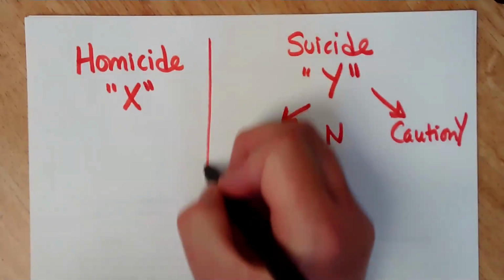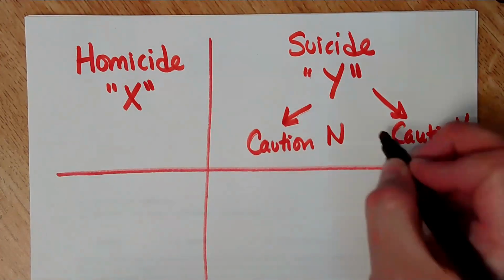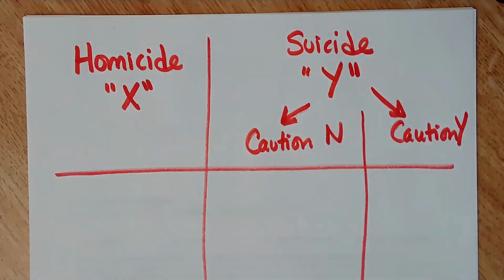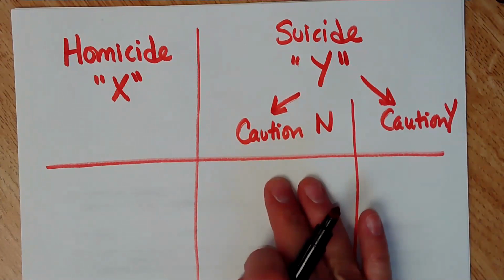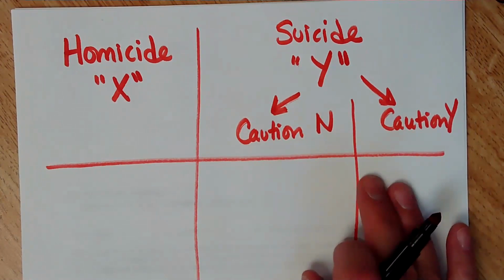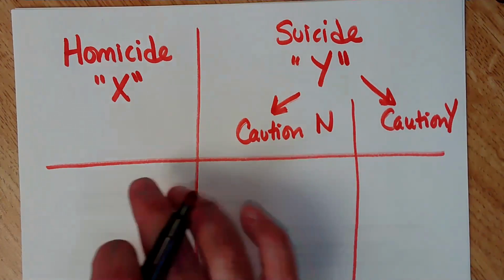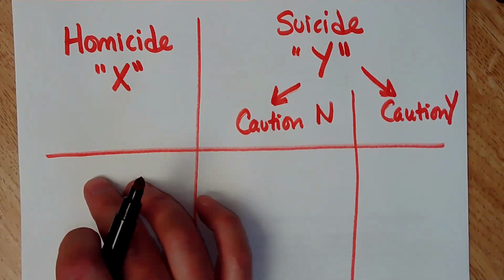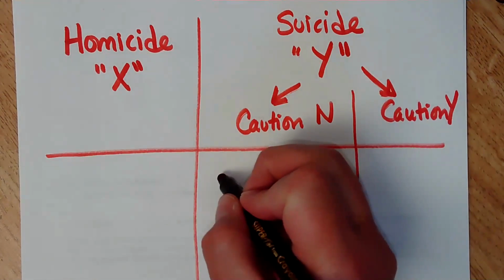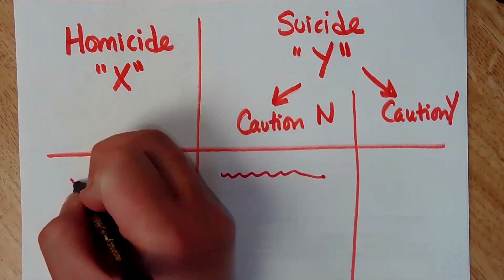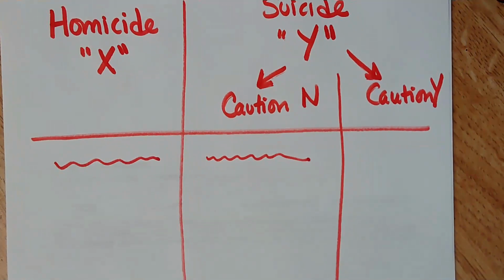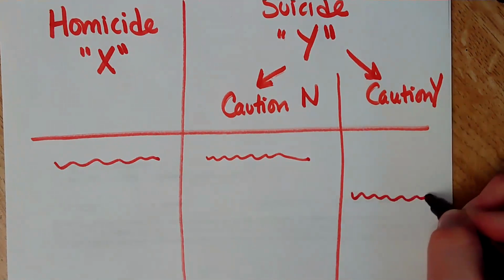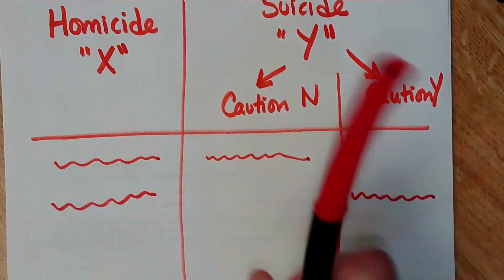So this is going to give me three columns here. And for each Y value, it's either a caution no or a caution yes. It's going to be one of these two. I'll pair that Y value with its X value. So if it was a caution no, the Y value goes here and the X value goes here. If it's a caution yes, then the Y value goes over here and the X value goes here.